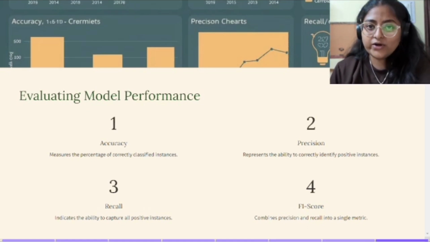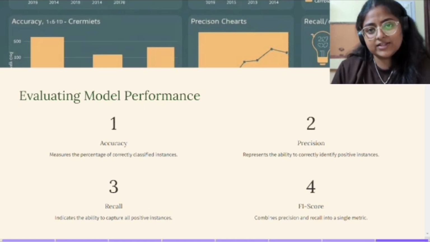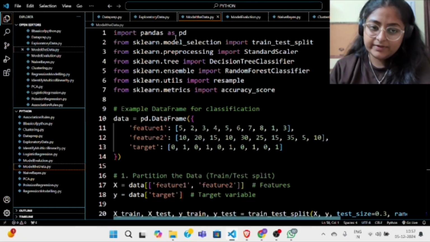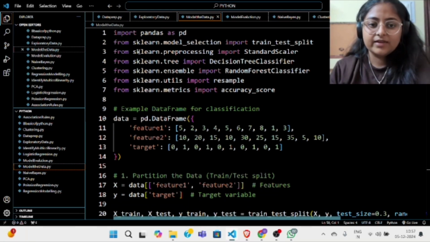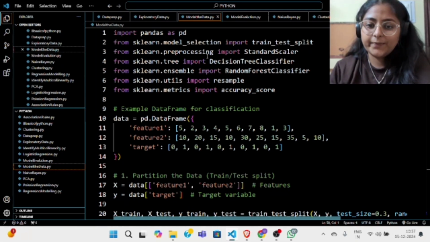Now let's see the code in Python in our IDE for a better understanding of the data preparation phase of data modeling. You can see here the pandas library is imported. From sklearn.model_selection, train_test_split; from sklearn.preprocessing, StandardScaler; from sklearn.tree, DecisionTreeClassifier; from sklearn.ensemble, RandomForestClassifier; from sklearn.utils, resample; from sklearn.metrics, accuracy_score.